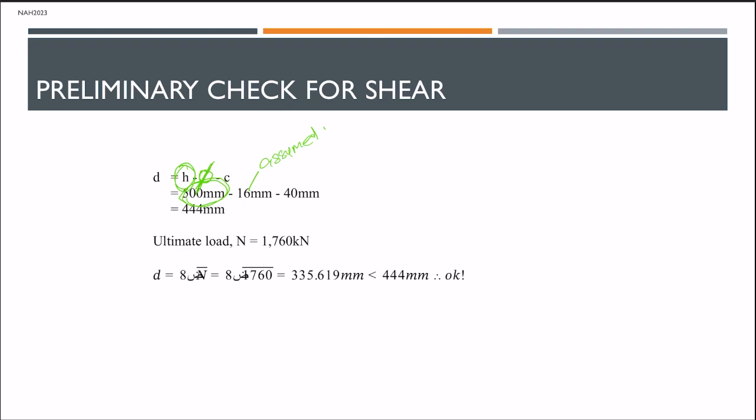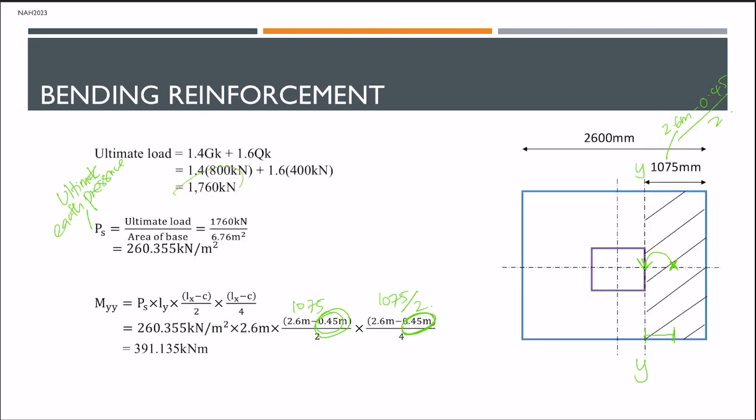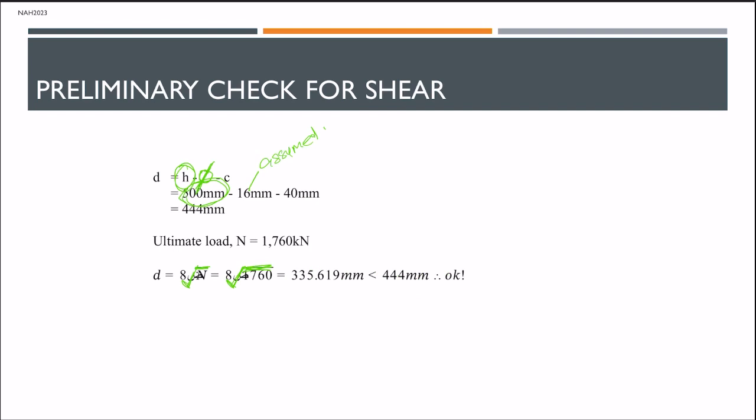Dan dapat 444. Right, so from that kita nak check with the formula of D equal to 8 square root kan the ultimate load. So ultimate load kita kira 1760 previously di sini. Square root kan darab dengan 8 dan you dapat 335.619 mm which is lower than the effective depth yang kita kira di sini.